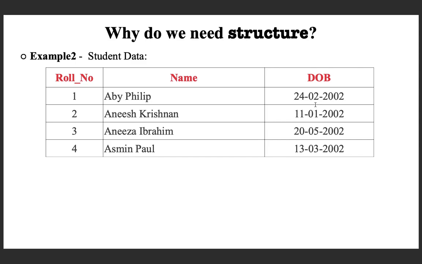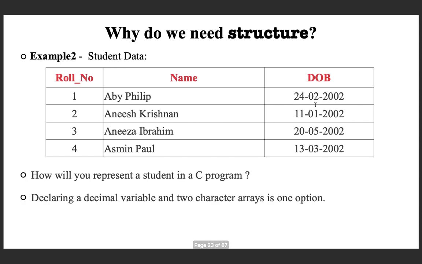A student is a single data entity, so how will you represent it? Maybe you can declare an integer variable for roll number and two character arrays for name and date of birth. One character array can hold the name, another can hold the date of birth as a string.